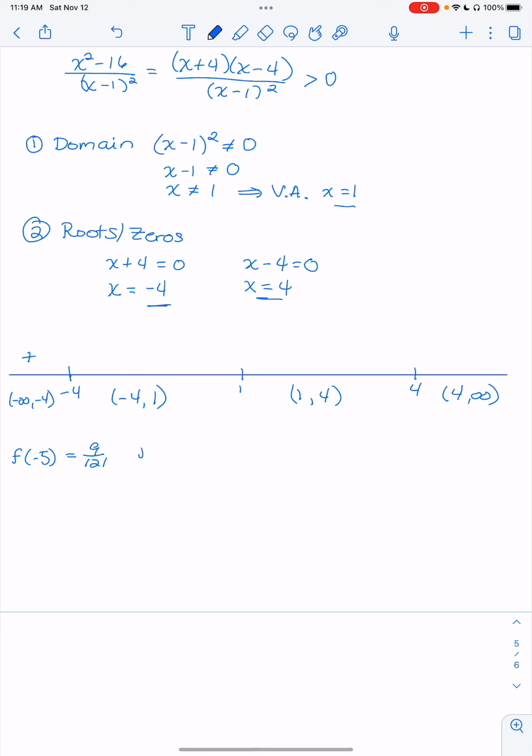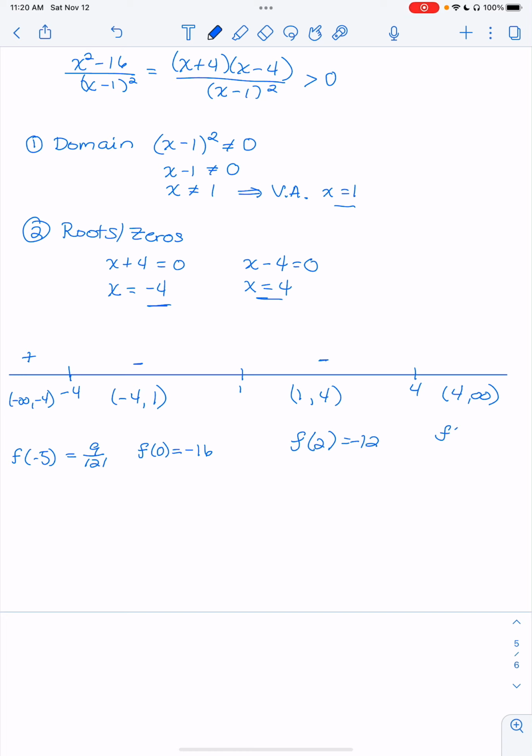If I look at f of 0, I will come up with negative 16. So in this range, I'm going to have a negative number, and you can go ahead and plug these in yourselves. If I look at f of 2 for the range from 1 to 4, I have negative 12. So here it's a negative number.